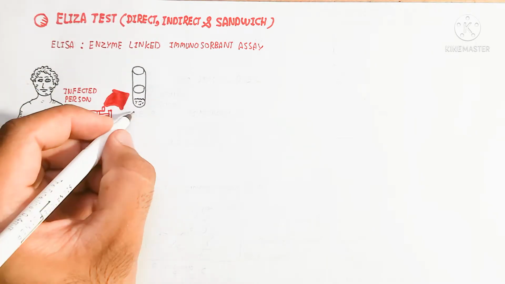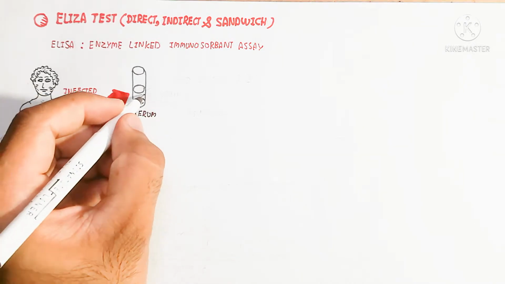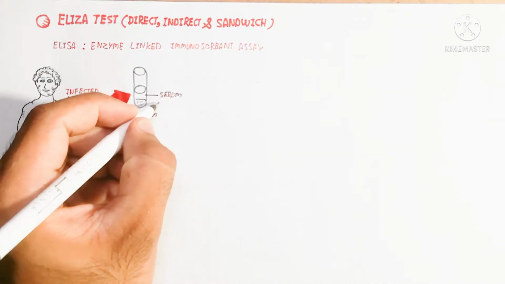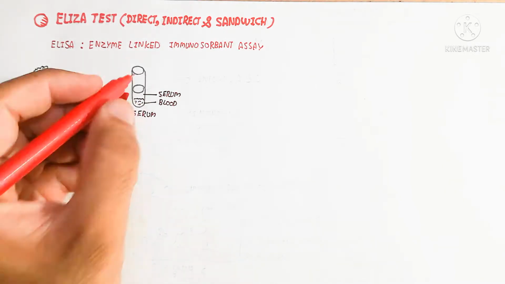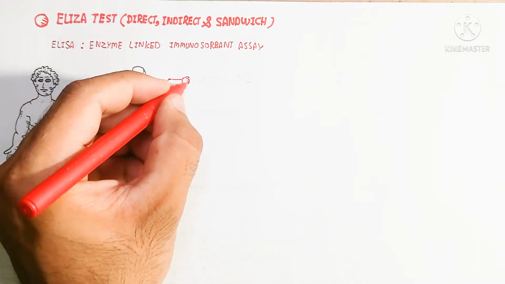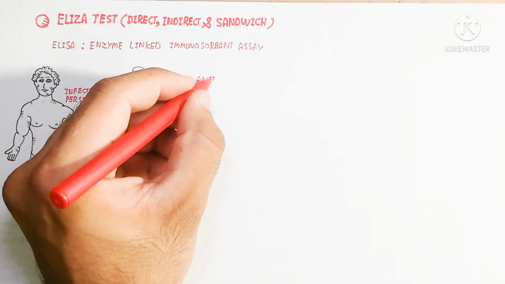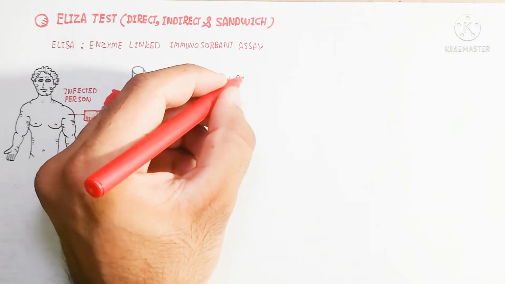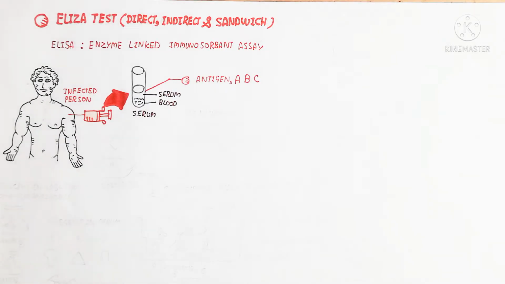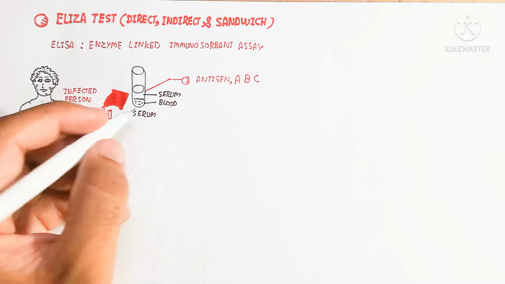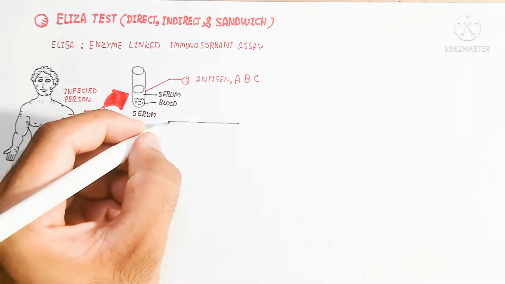If antigen B is present, it is very difficult to identify with our own eyes, because it is a macromolecule and the naked eye cannot detect it. So let's begin to understand. Antigens A, B, C are types of pathogen, so we will detect those.